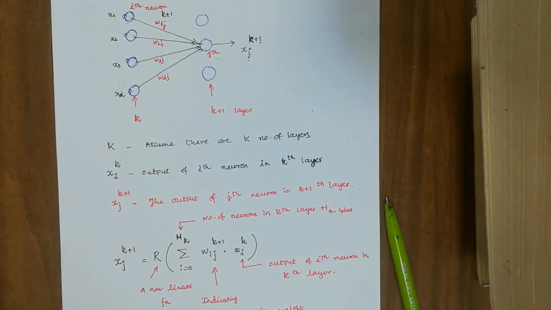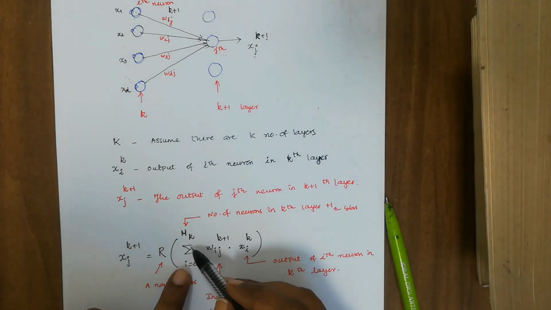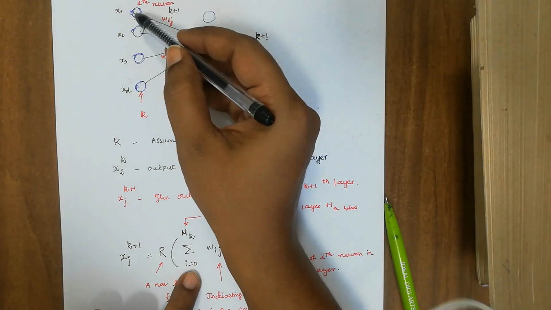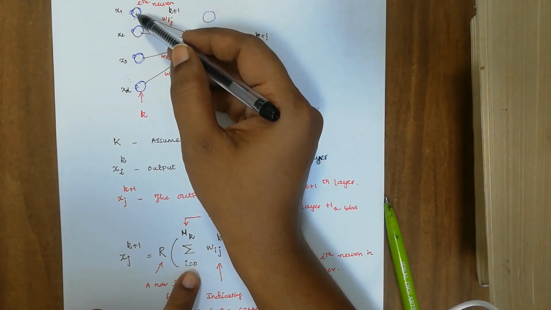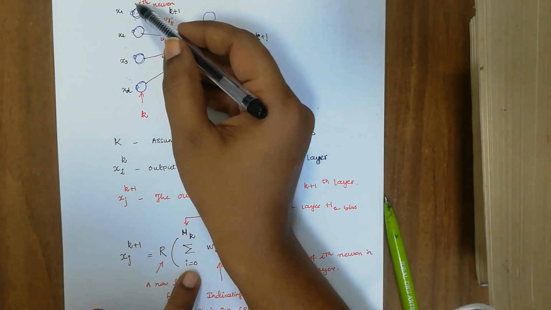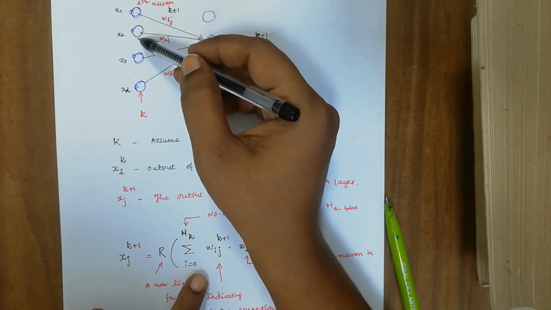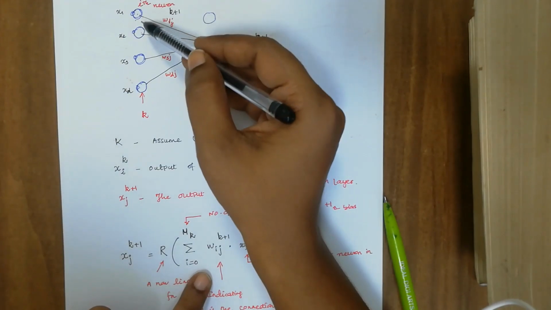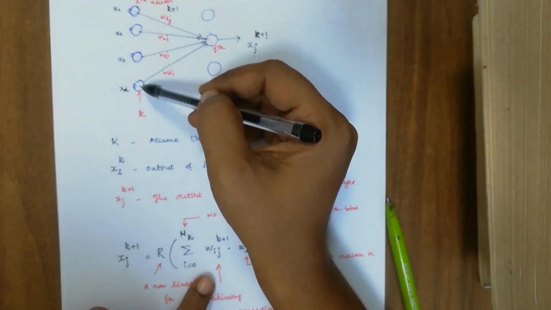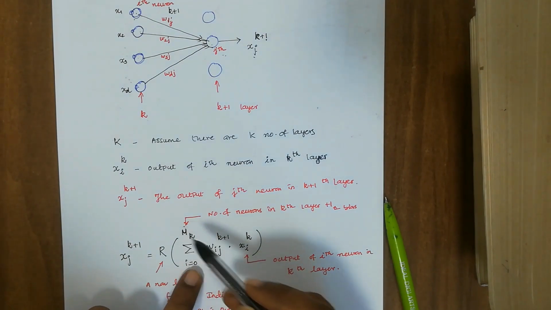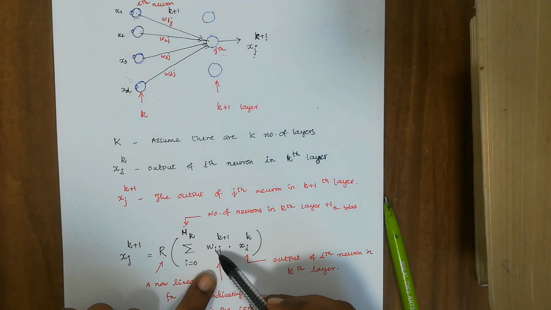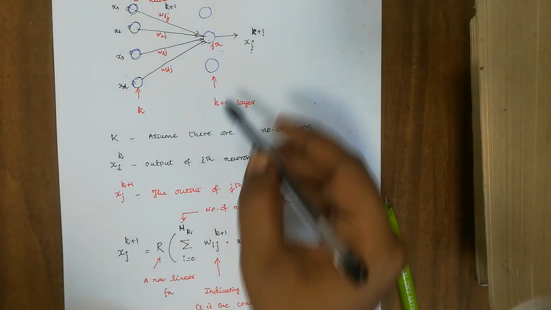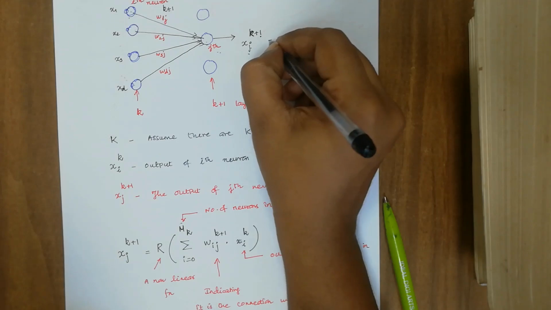So the summation varies from i equals 0 to mk, where 0 includes the bias, which is represented as 1 as before. Then x1, x2, x3. How many i's are there? There are mk neurons in the kth layer, multiplied by Wij^(k+1) into xi^k. And this will be the output that we obtain here.